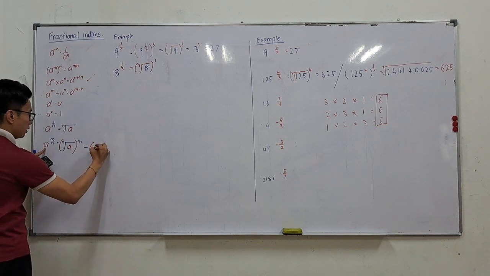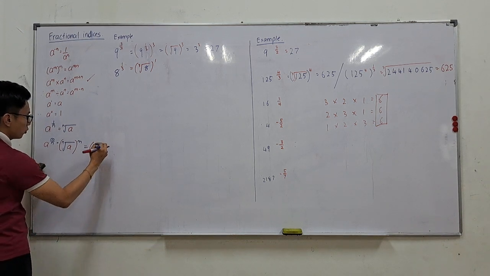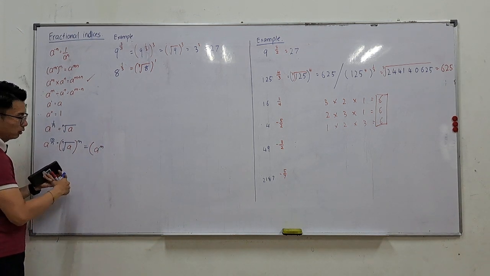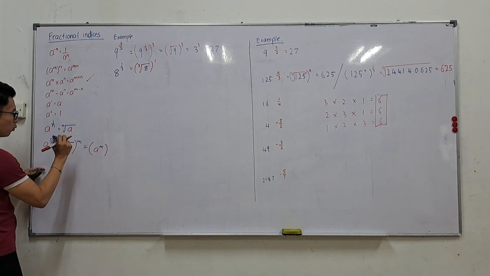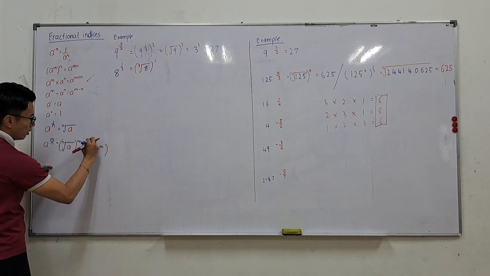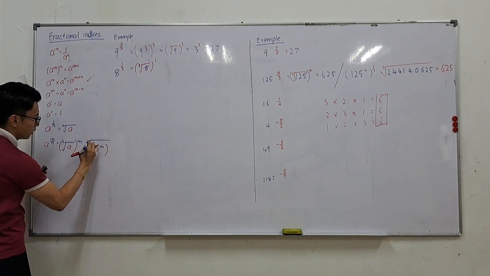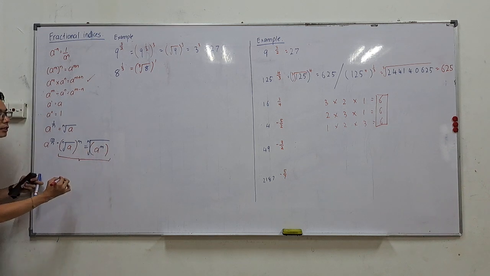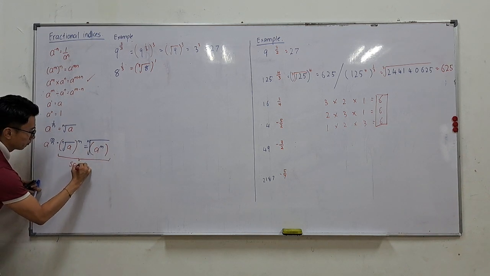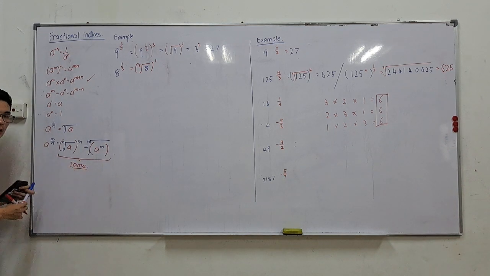For this A, I can raise this A to the power of m first, all right? And then this whole thing, I will n root it. Now over here, these two things basically mean the same. Okay?